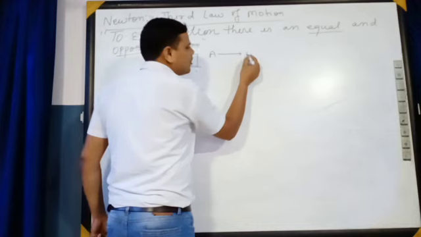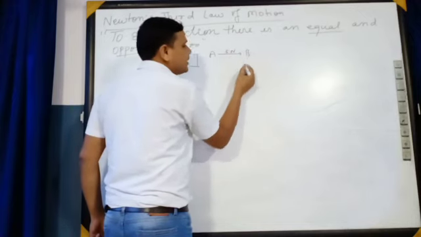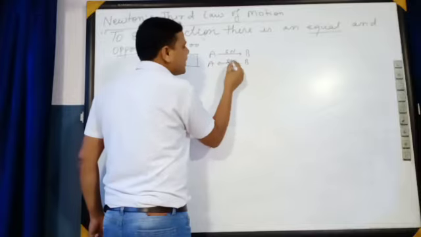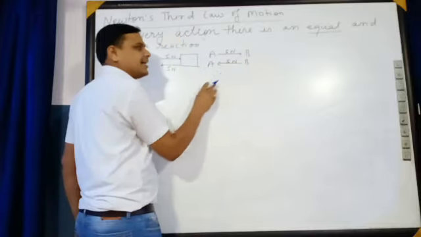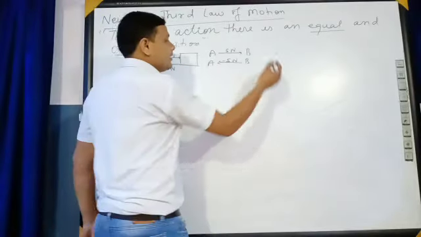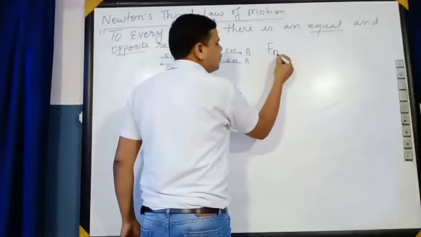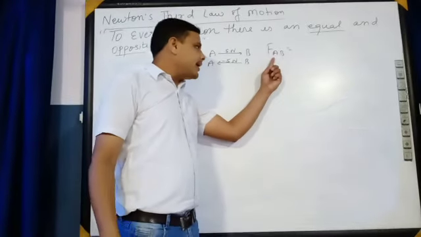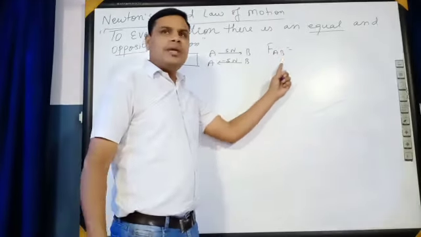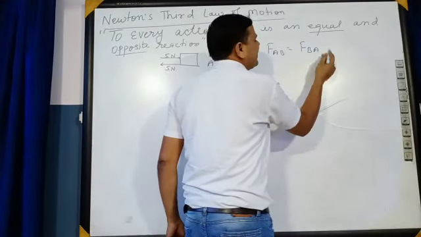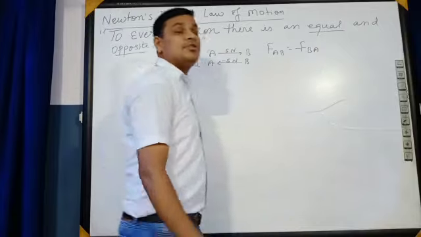Means if A is applying a force of 5 Newton to B, then B will also apply a force of 5 Newton to A, but the direction is different, so we will write minus. See here, suppose the force on A due to B, FAB, means force on A due to B, will be equal to the force on B due to A, but with a negative sign.